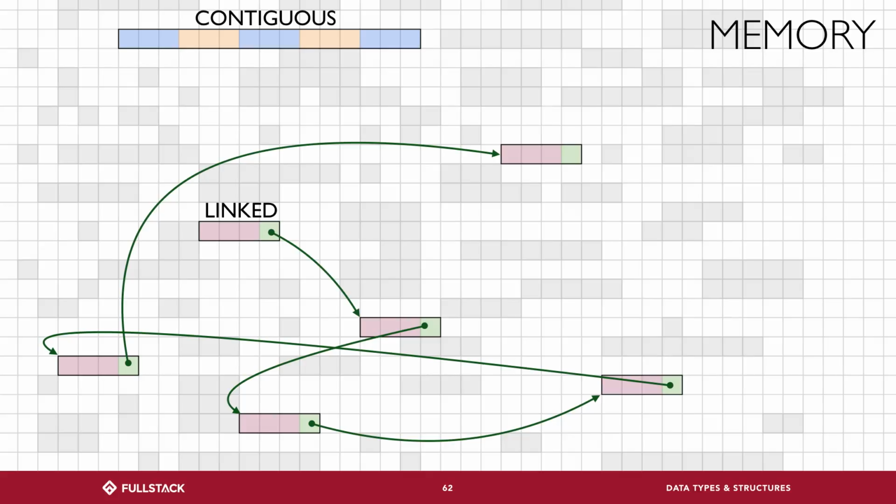I probably have some way of representing that I don't want to treat this like a value. I want to treat this like an address. So when I get here, I know that this isn't what I want to look at. I actually want to jump to here and return this value.